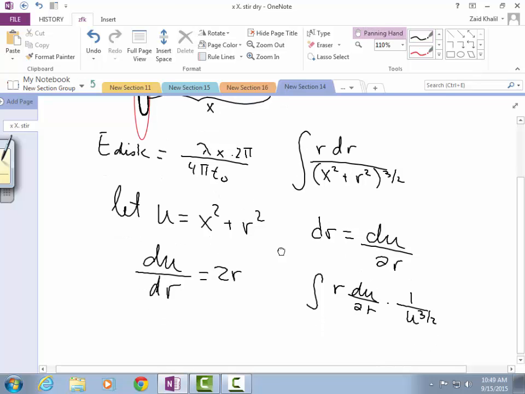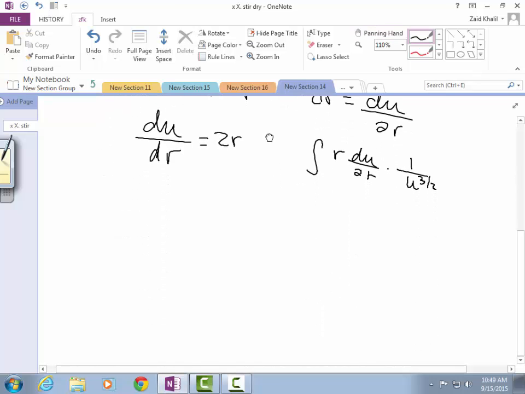And so this becomes 1/2 times the integral of u to the negative 3/2 du. And remember, we have all that stuff on the outside. What was that stuff on the outside? Lambda x times 2 pi over 4 pi epsilon naught.